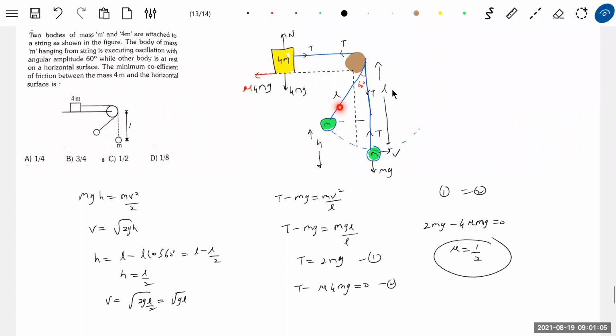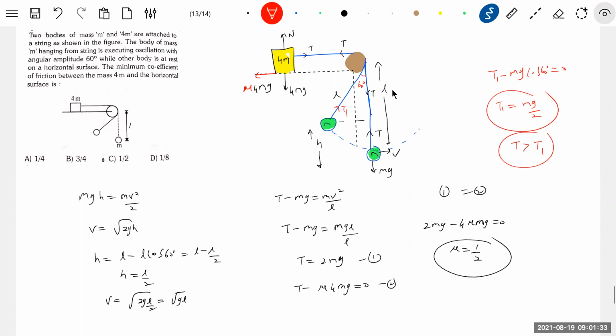Some students will try to equate like this: T1 minus mg cos 60. Why can't you equate this T1 to mu 4mg? That is not the maximum tension. The T will be greater than T1. Tension will be maximum when the string becomes vertical.